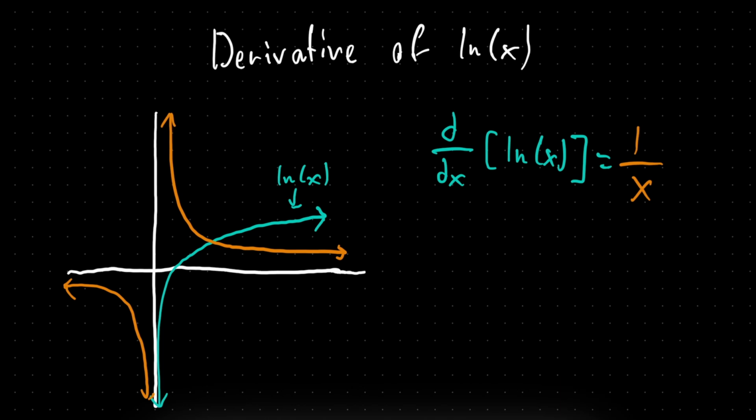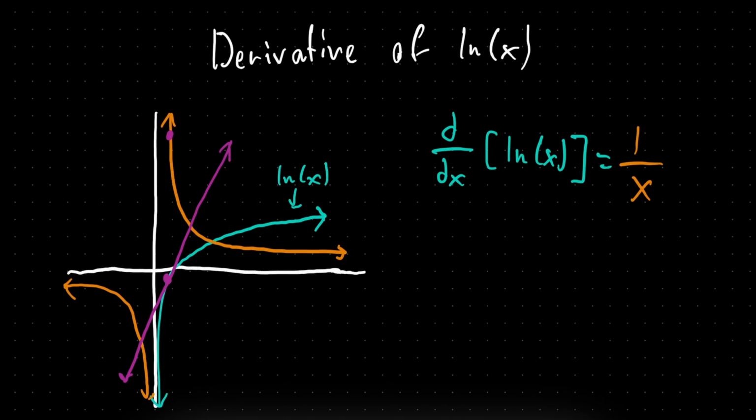If I were to choose this point on 1 over x, this would correspond to a tangent line of something like this. Considering the value of 1 over x is positive and pretty large, the slope of the tangent line at this point is also positive and quite steep.